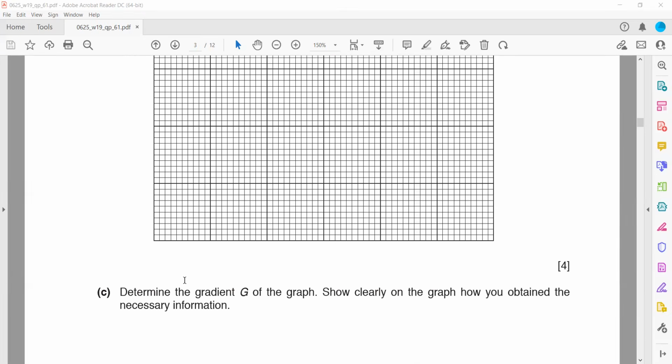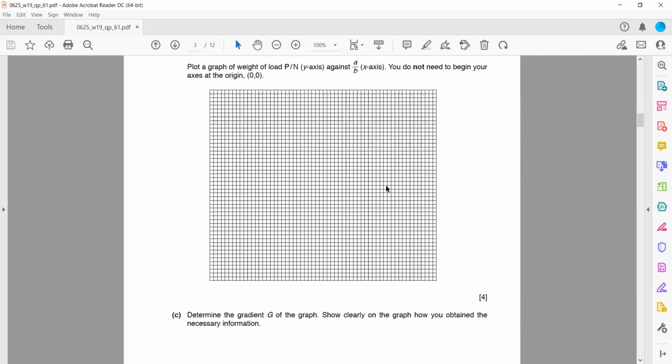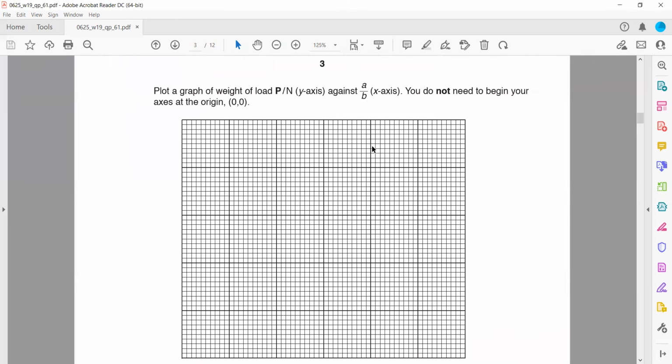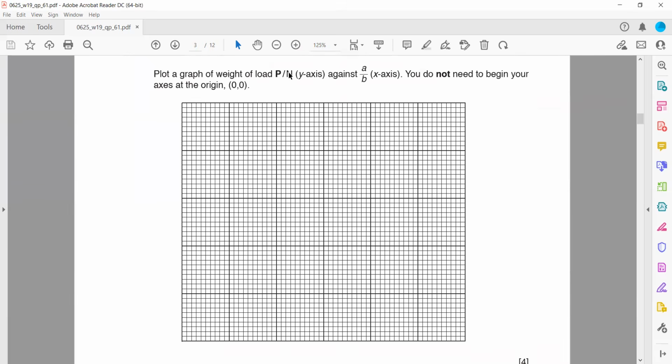They already mentioned for these types of questions that we don't have to start from the origin. And here is the next part: they ask to determine the gradient of the graph. When they ask for the gradient of a graph, it means you have to draw a best fit straight line. So the load P is on the y-axis, and A over B is on the x-axis.